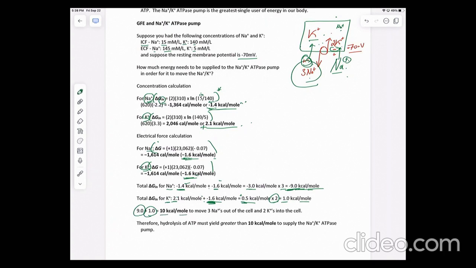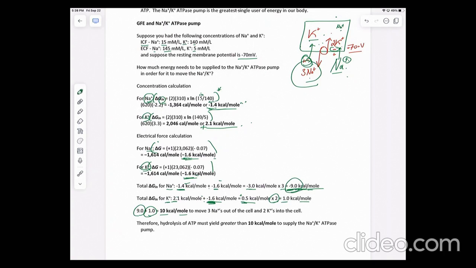So let's go back and make sure we're going to be careful how we're thinking about this. What I'm wanting to do is account for what if I have to push 3 sodiums out. Okay? Well, I know 3 sodiums going in is minus 9 kilocalories.